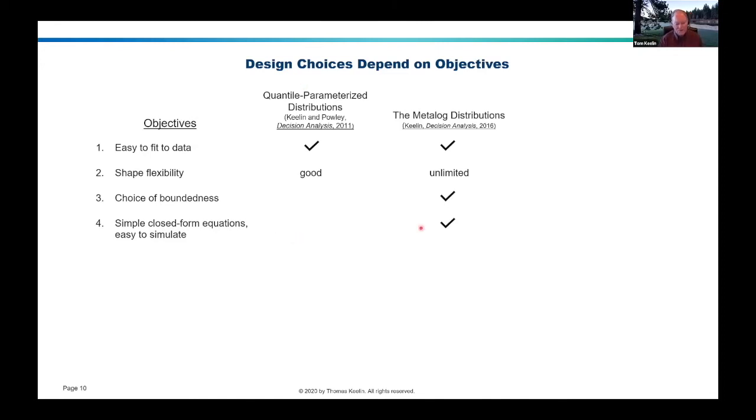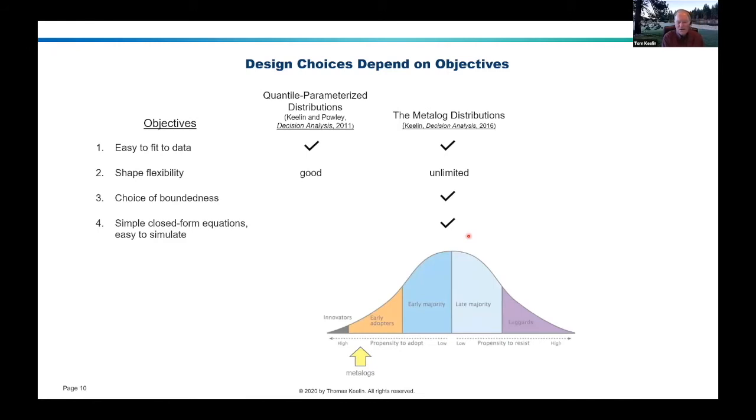You do get it with quantile parameterized distributions, and you do get it in a much deeper and better and easier way with the Metalogs. We're in the early stages. If you say, well, why didn't I ever learn it? If these are so good, why didn't I ever learn about them in school? Well, unless you went to one of a very few universities in just the last 2 or 3 years, even the professors aren't aware of them.